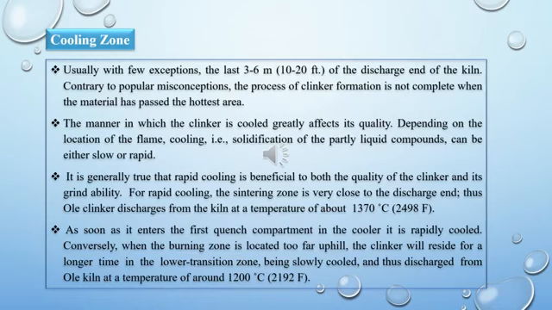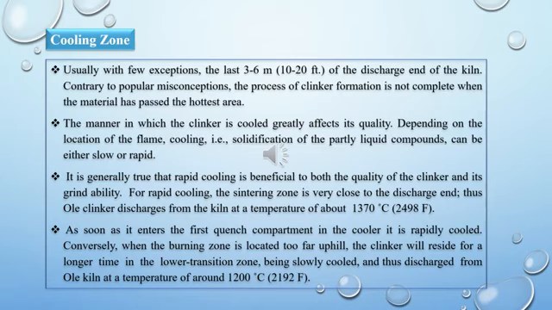The next zone is the cooling zone. Usually, with few exceptions, it is the last 3 to 6 meters of the discharge end of the kiln. Contrary to popular misconceptions, the process of clinker formation is not complete when the material has passed the hottest area. And the second point is that the manner in which the clinker is cooled greatly affects the quality.